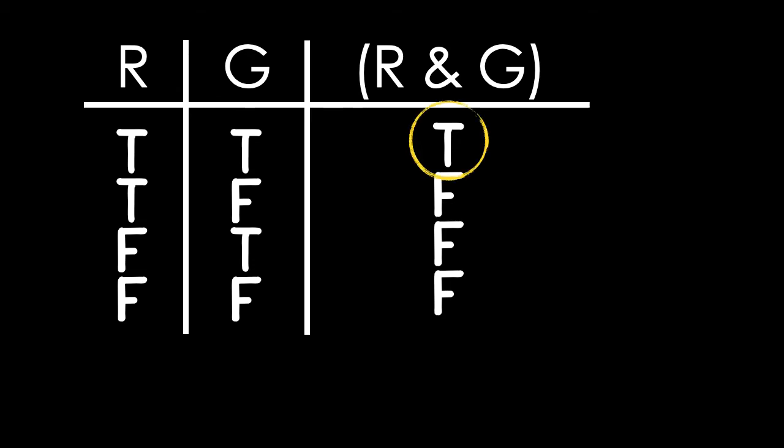R and G is true if both R is true and G is also true. If one or both of them is false, then R and G is false.